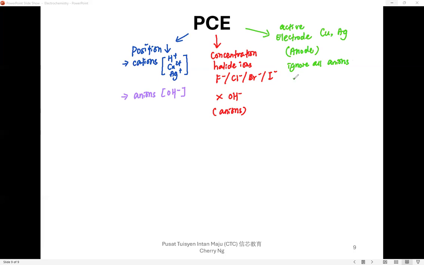If it's copper, it will become copper 2 plus plus 2 electrons. If it's silver, it'll become like this.